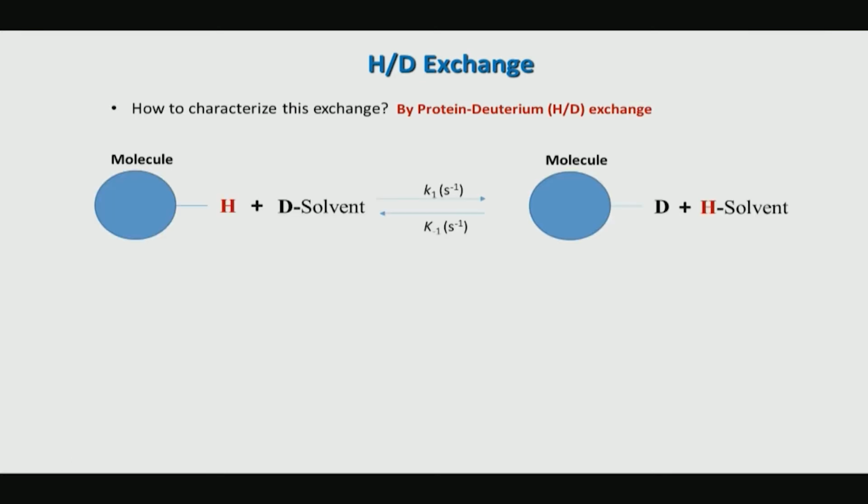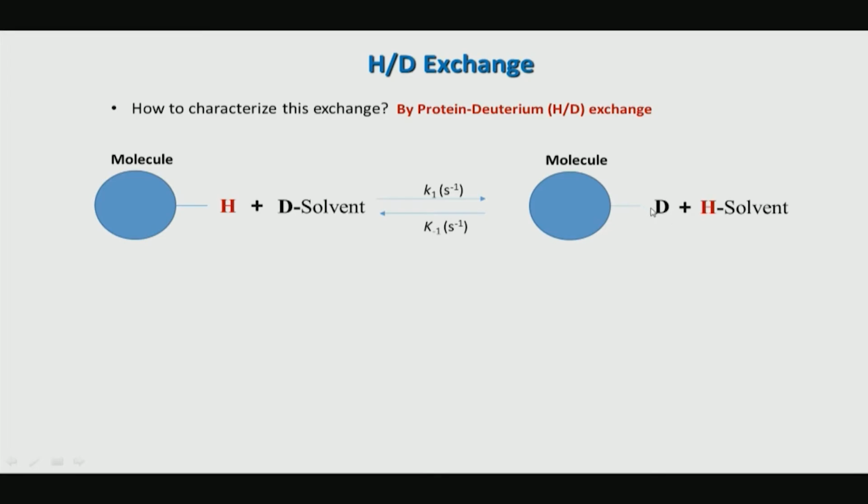We use this word called protium deuterium exchange. Here we take the molecule again, which is shown here, but this time we use a deuterated solvent. The reason is that when the hydrogen exchanges with deuterium, as shown here, the deuterium comes to the molecule and hydrogen has gone to the solvent.